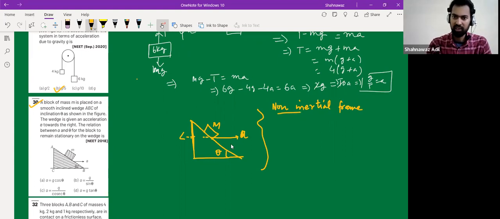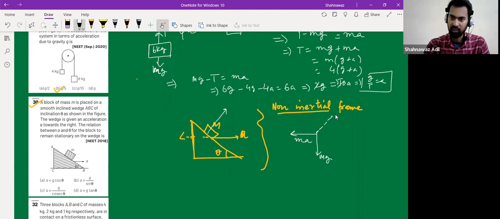If the wedge is moving like this, then for the block to be in equilibrium, it will experience a force in this direction. So ma in this direction, and you have mg in this direction, and you have a normal reaction in this direction.